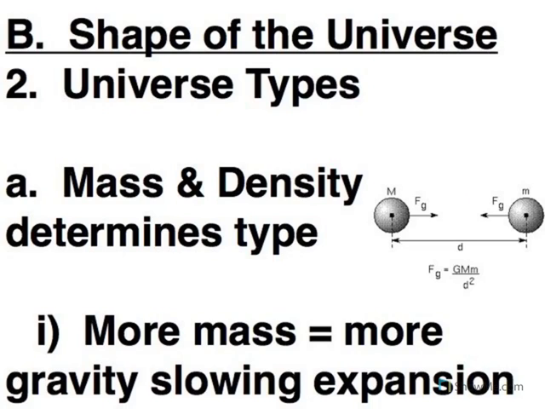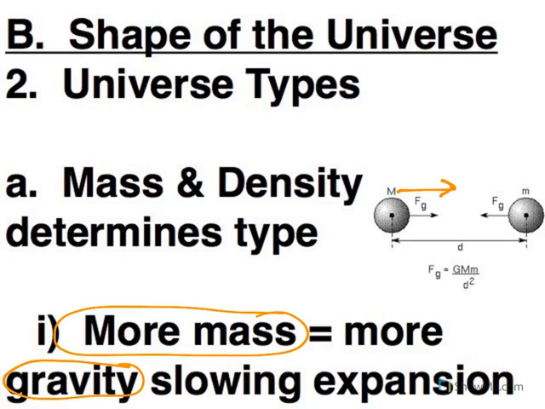Well, it comes down to gravity, because mass is a determining factor in how much gravity is present. So if you have a lot of mass in the universe, then there's a lot of gravity attracting between the objects in our universe.